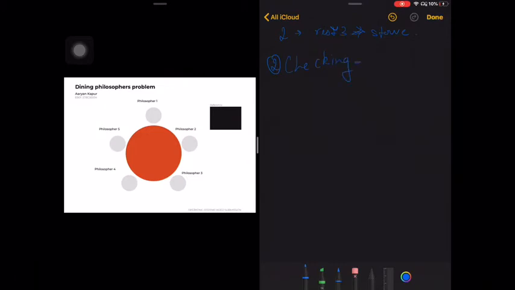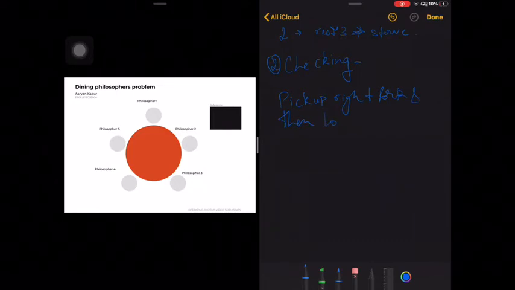Whenever a philosopher is hungry, they will pick up the right fork, and then look for the left fork. And if they can't find it, then they start eating.